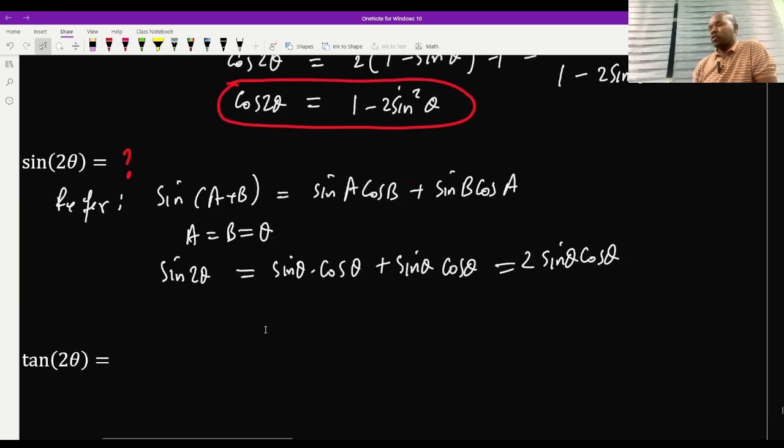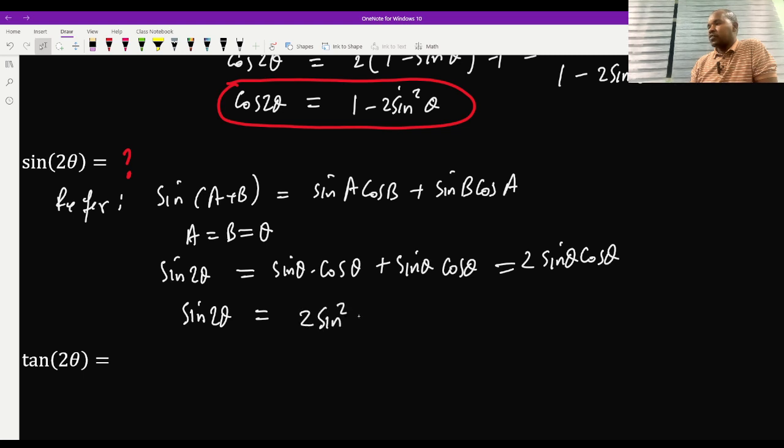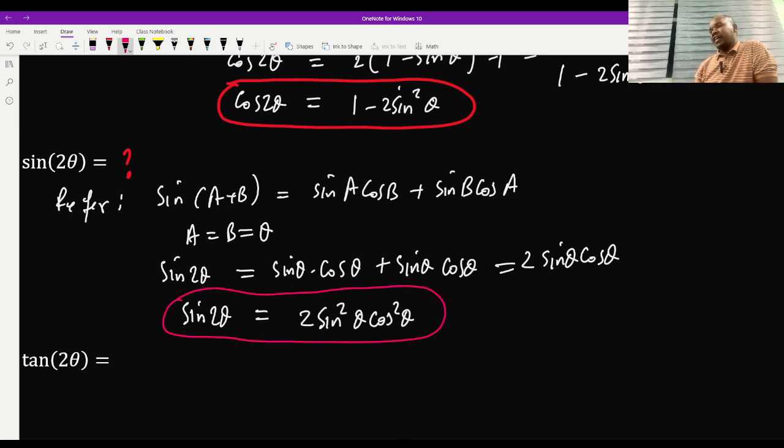So to make it short, the double angle formula for sine 2 theta is equal to 2 sine theta cos theta. So that is the double angle formula for sine.